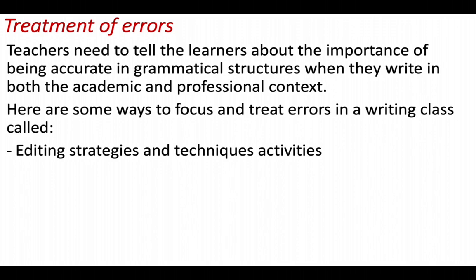This is a good skill for them to have, because it's very necessary for them when they're in school and also out of school, especially if they are thinking of going to varsity. So here we are going to look at activities that you can do to enhance these editing strategies and techniques. And the other aspect that we are going to look at when it comes to treating errors is types of feedback that we give the learners regarding their errors.